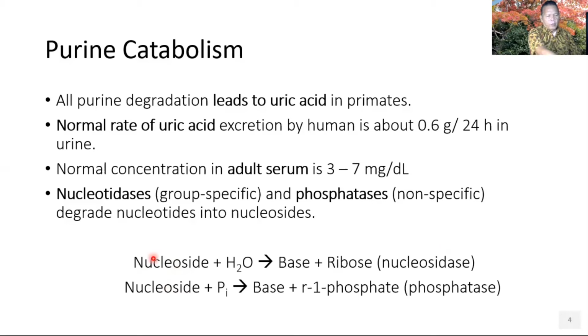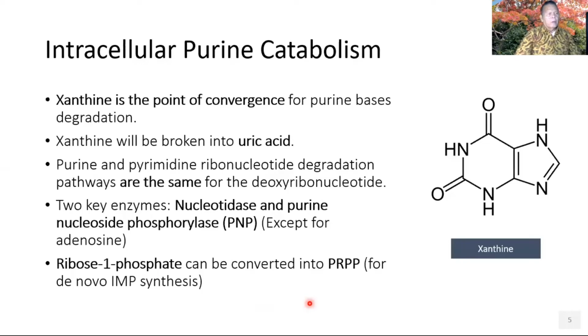The second one is nucleoside phosphorylase, which will produce base plus ribose 1-phosphate. Then let's see the intracellular purine metabolism.